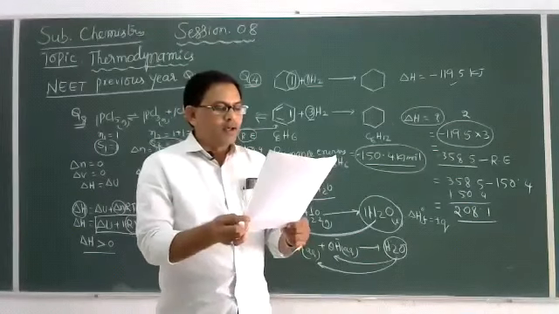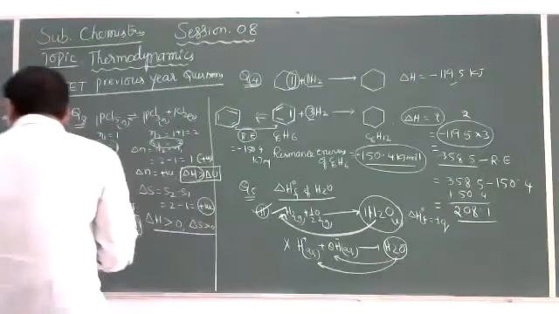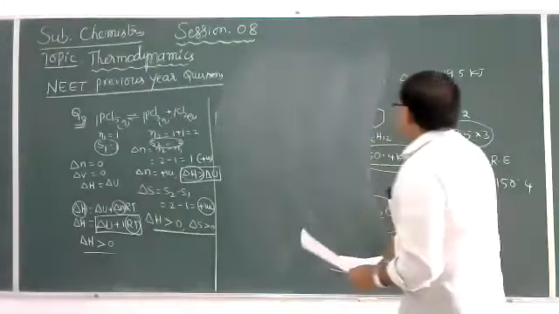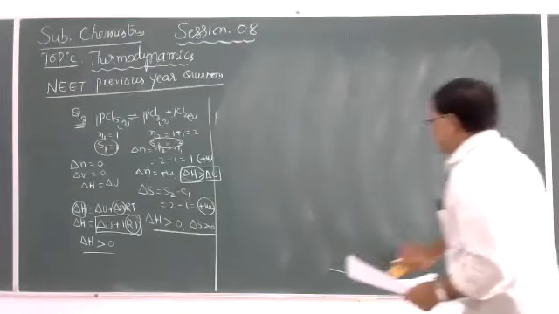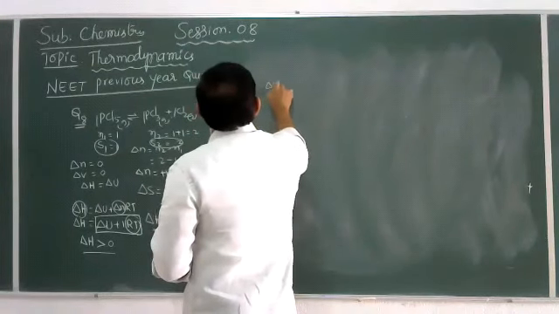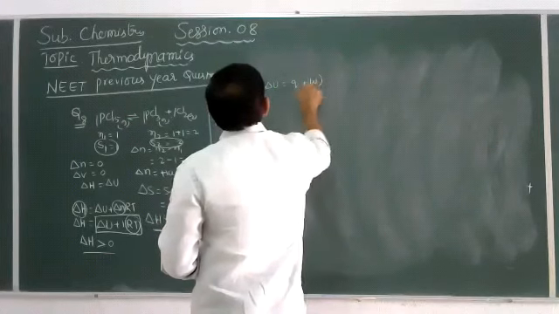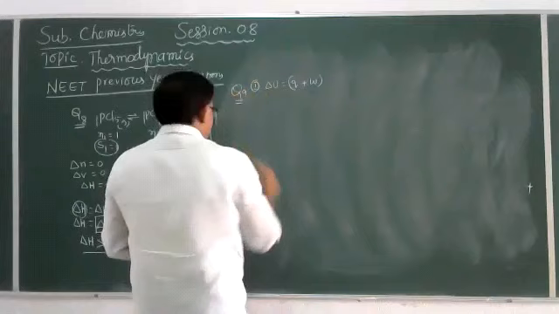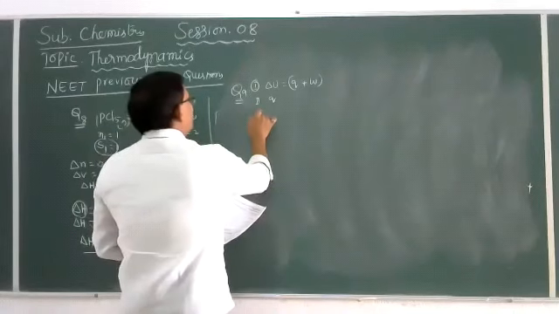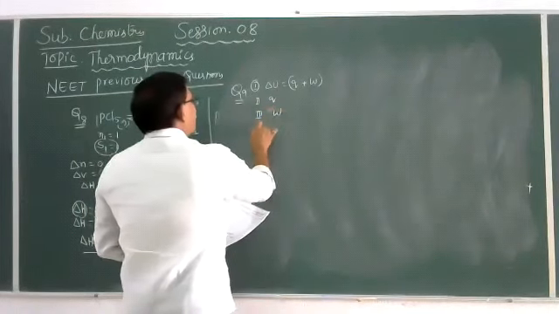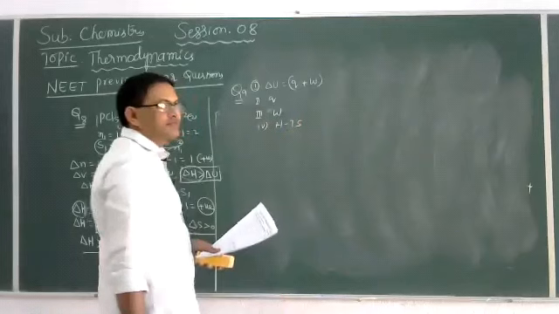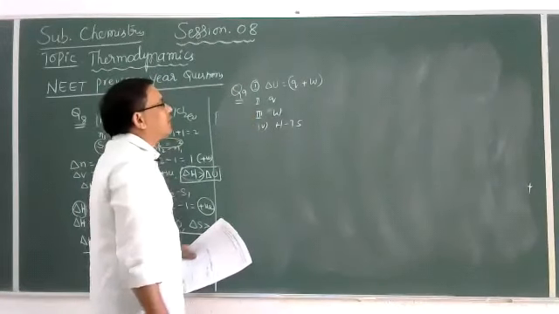In question number 9, the first one is delta U is equal to Q plus W. The second one is Q. The third one is W. And the fourth one is H minus TS. Among these, which are not state functions?